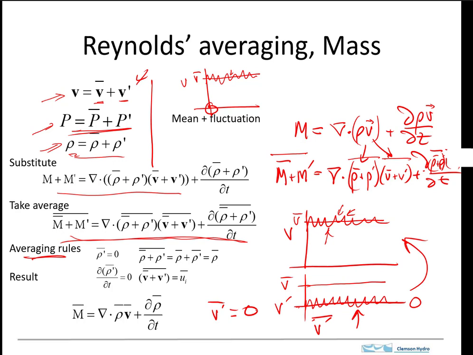And then at the same time, it follows directly that if I take the average of the time derivative of that, that also equals 0.